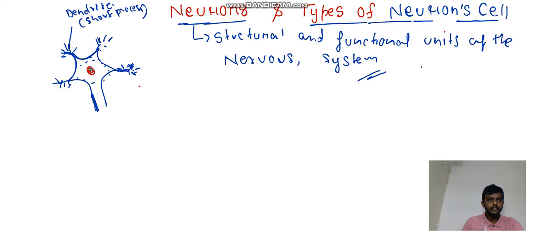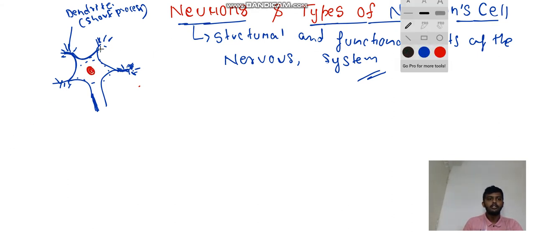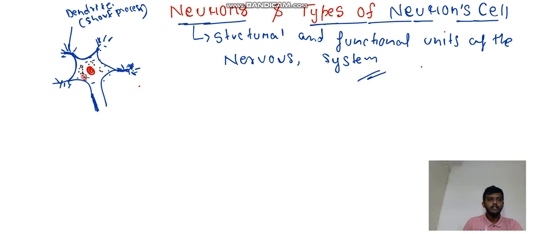This is the nucleus. Around the nucleus, in the cell body only, these black dots are Nissl's granules. These Nissl granules are also known as tigroid substance.